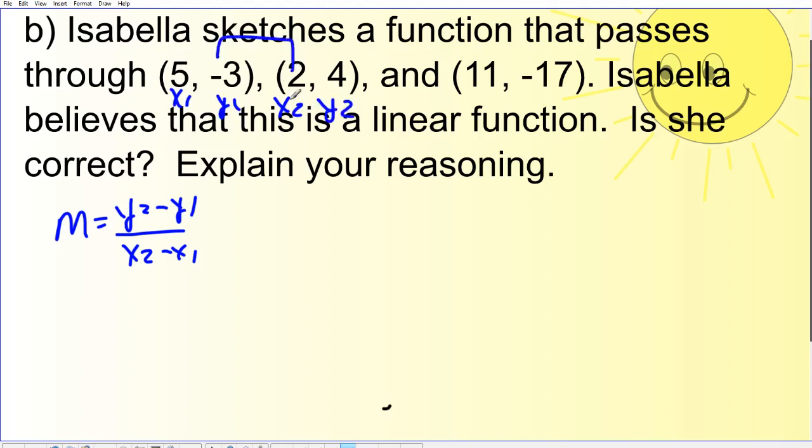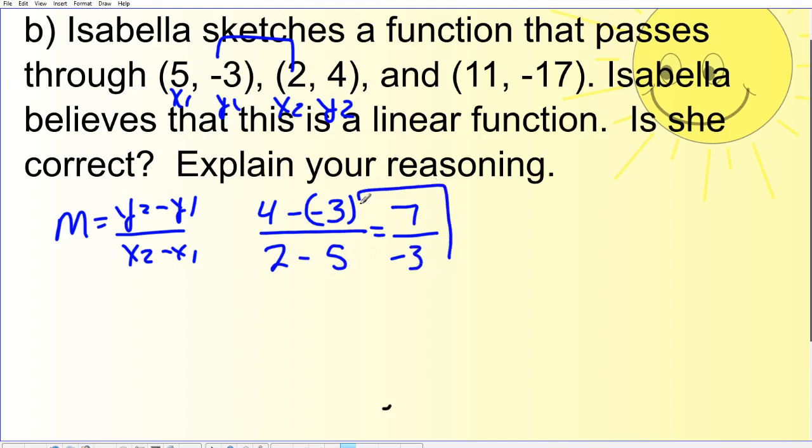I'm going to check these 2 points. y2 minus y1 over x2 minus x1 gives me 4 minus negative 3 is 7. 2 minus 5 is negative 3. And I'm just going to leave it like that. That's the slope of those 2 points. I could divide it and get a decimal, but I don't need to. That's just as good.